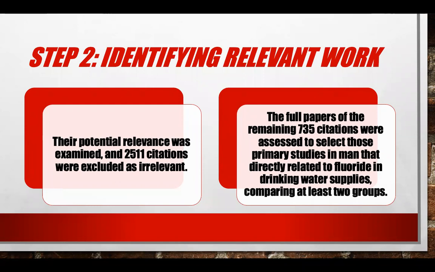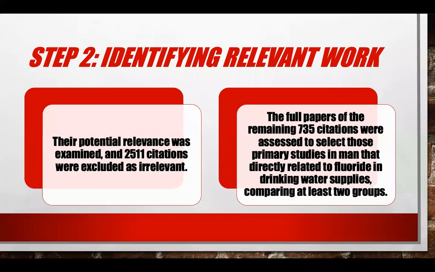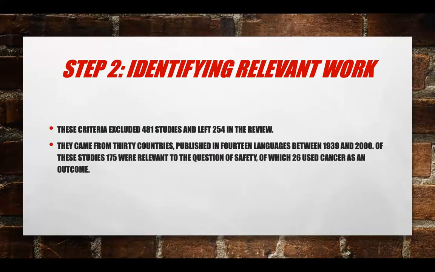So this is how you put it: you have filtered down and narrowed your research to 735 citations, and you will now examine them in person. This selection excluded 481 studies and left 254 in the review. Further, according to your in-person criteria, you exclude 481 studies from the 735 citations, and you are left with 254.